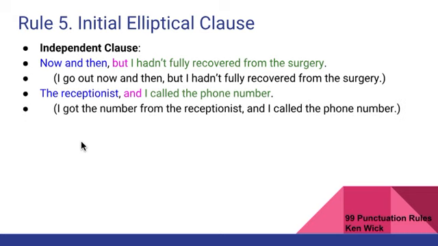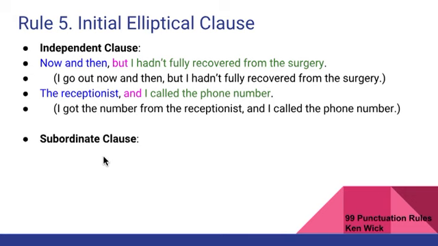And this could have stood for, maybe someone asks a question, oh, where'd you get the phone number? And the person responded, oh, the receptionist. I called the phone number. Well, that really meant I got the phone number from the receptionist and I called the phone number. So once again, I'm just saying this "receptionist" is just an elliptical form of an independent clause.